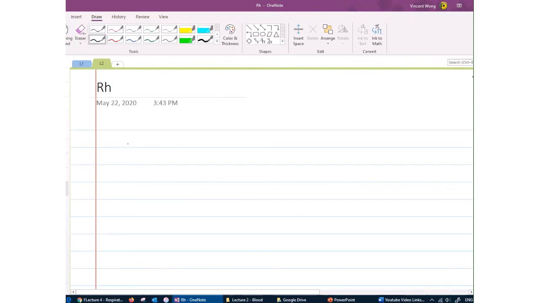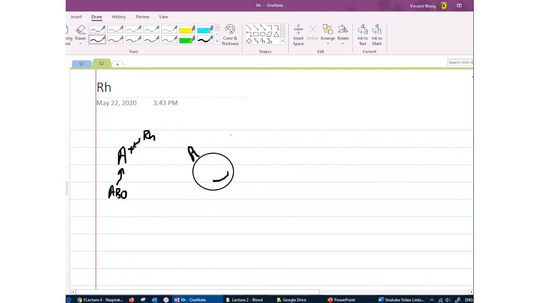Now let's go through a few examples. What does it mean when someone says they are A positive? Well, that means they are giving you information about two of their blood groups. The A is part of the ABO blood group, and the positive is part of the Rh blood group. So if we were to draw their RBC, if they are type A blood, then they will have antigen A on their surface.